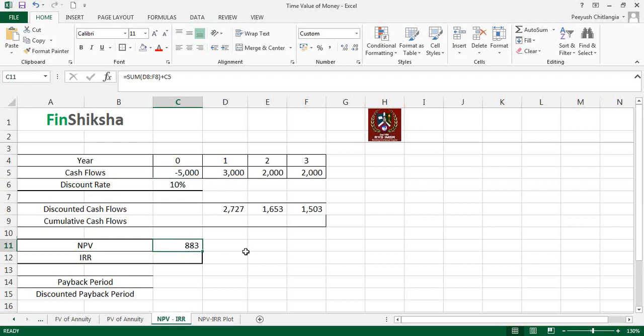So in the sense, if NPV is greater than 0, you should take the project. If NPV is less than 0, you shouldn't take the project. Let's say the company was raising money at 15%. Even then you should have taken the project. If the company was raising money at 25%, you see NPV turns negative.